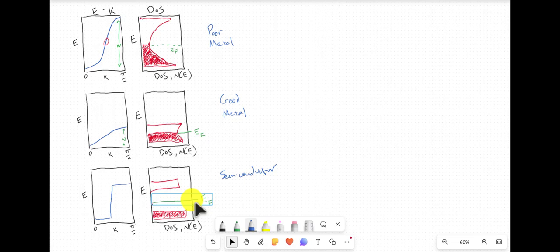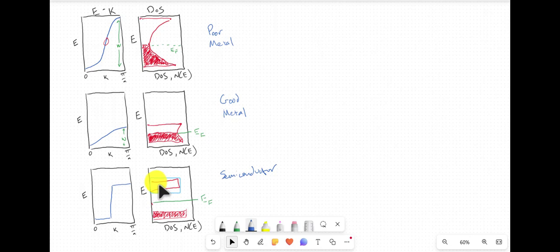And so at non-absolute zero configurations, which is all real things, there's some population of holes that form because there's some population, based on the Maxwell-Boltzmann distribution, of electrons that can thermally excite across the band gap.